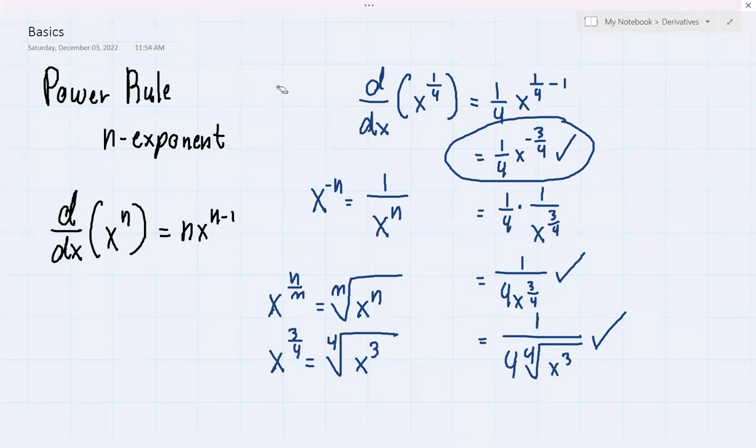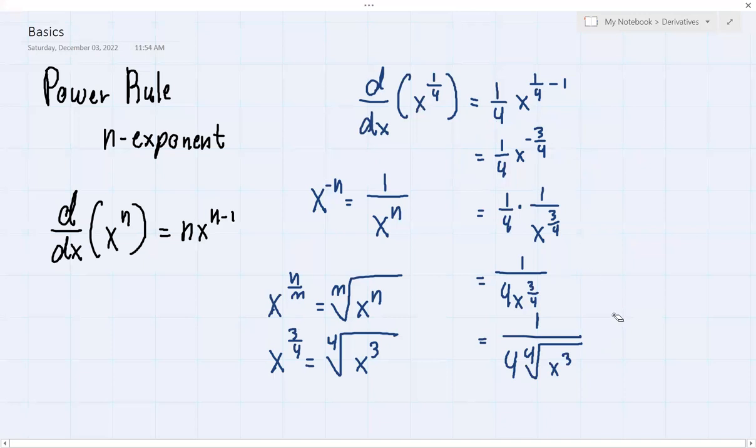So, yun. That is an example of a variable na may exponent tapos naka-fraction siya. Tapos, how would you use power rule of differentiation dito? Okay? So, basically, overall, kahit fraction, negative, positive, or naka-decimal yung exponent mo, the same technique lang.